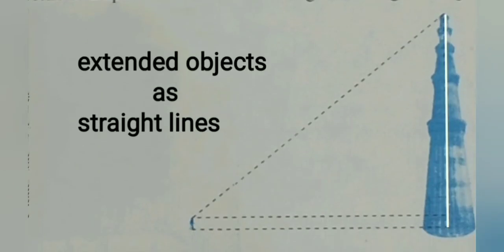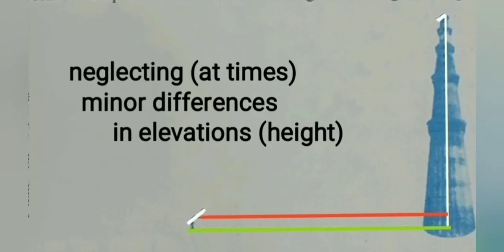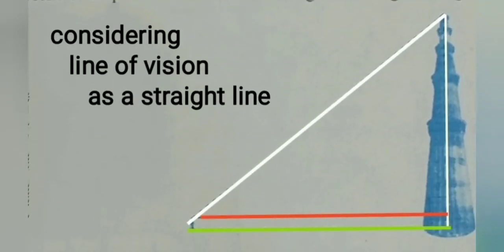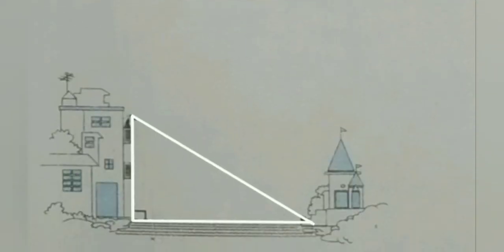To make the visualizations easier, certain considerations are needed, like considering extended objects as straight lines, neglecting at times minor differences in elevations or height, considering line of vision as a straight line, and so on.